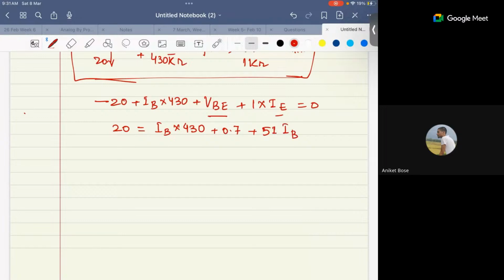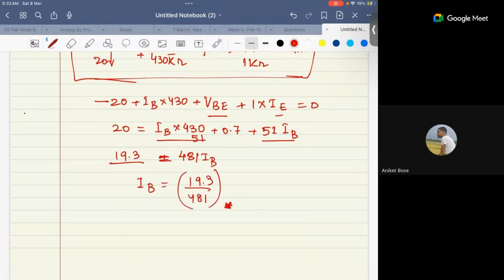Correct? So now you have 430 here and 5 here. So you'll be left with 19.3 upon 400 plus 51, that is 481 IB. So IB will be 19.3 upon 481. What will be the unit of this?